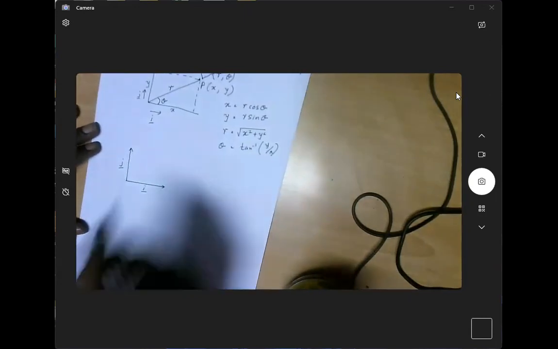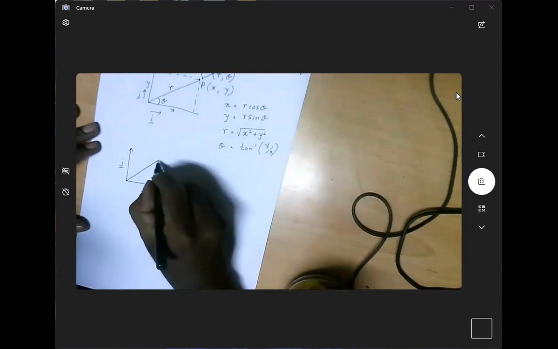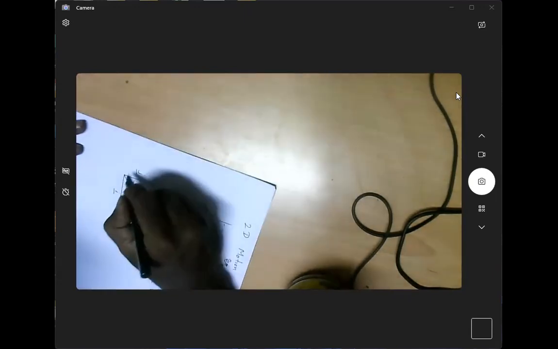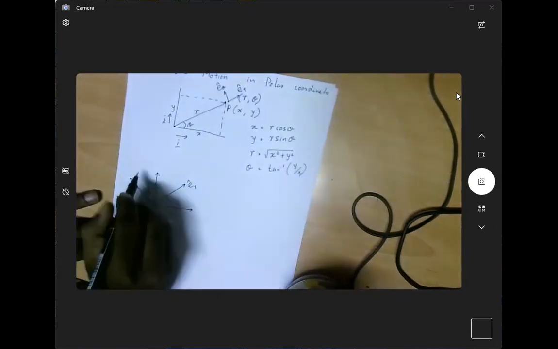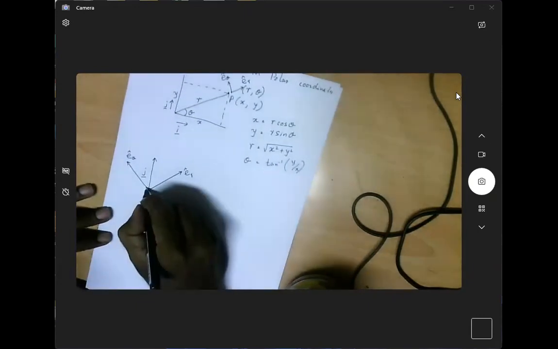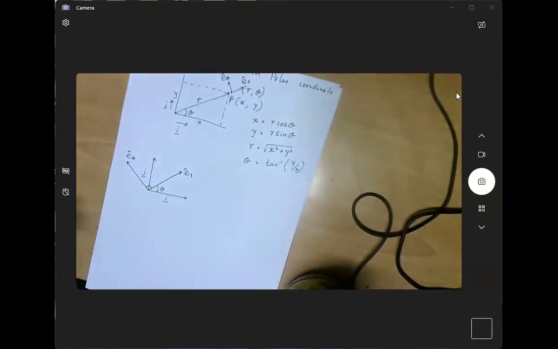Right? In polar coordinates, you have the unit vector e_r in the r direction and e_theta, which is perpendicular to e_r. So this will be 90 degrees and this angle is theta.